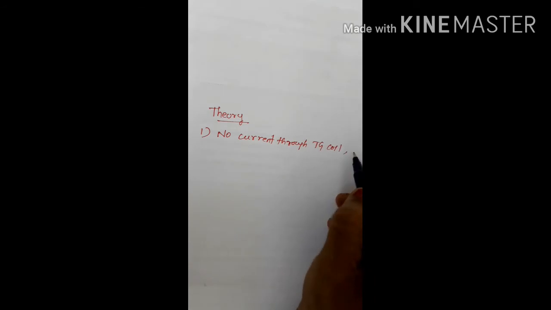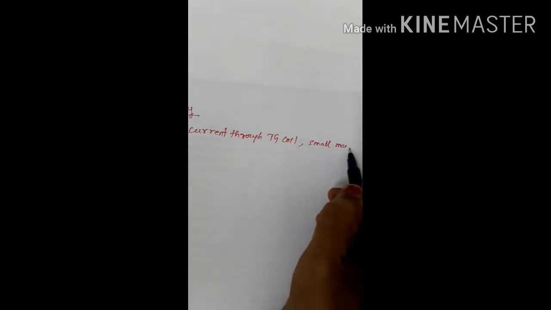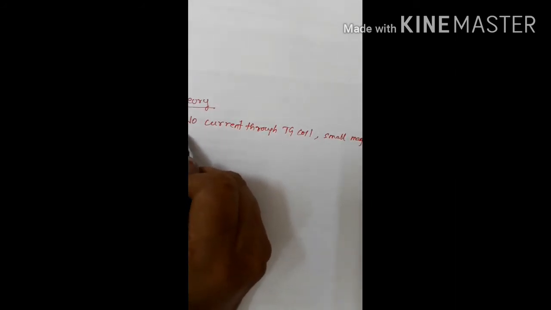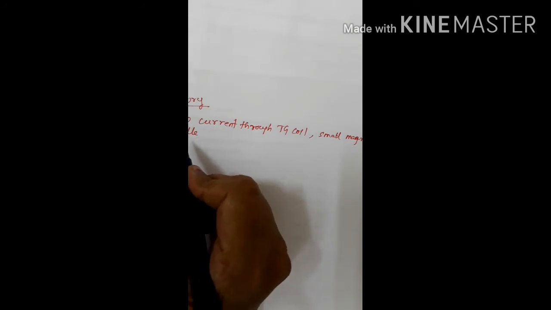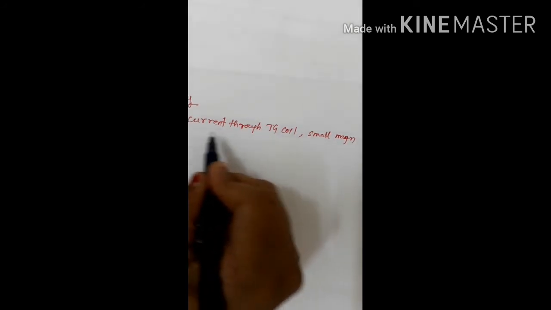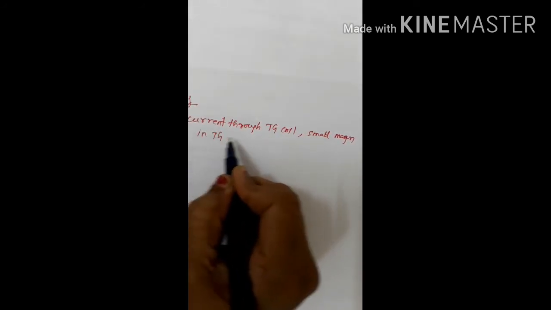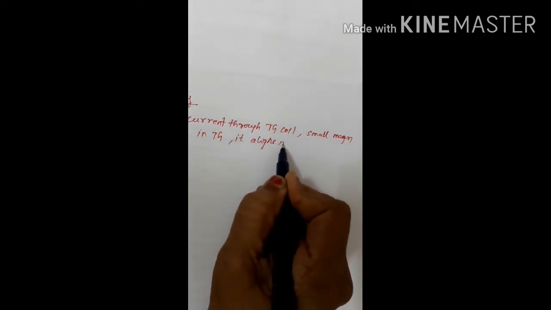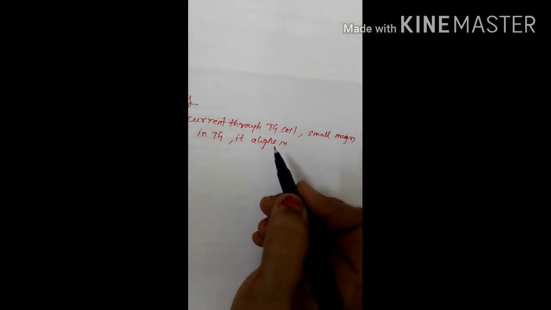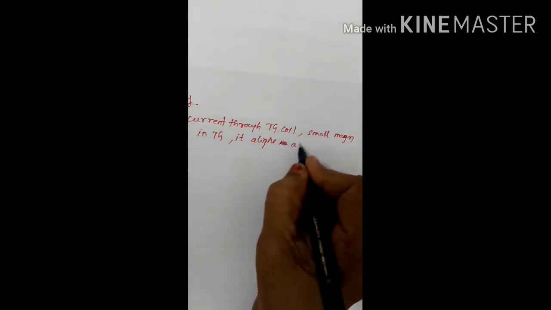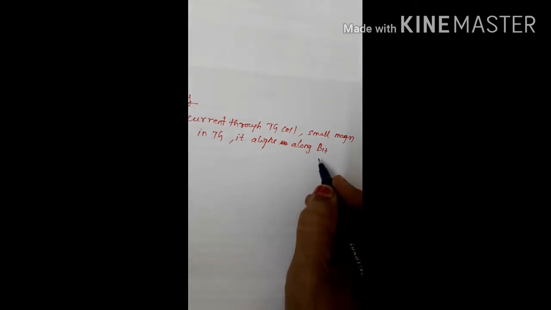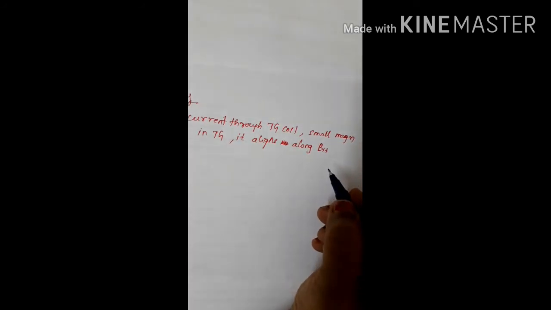The small magnetic needle in the TG coil aligns along BH, that is, it aligns along the horizontal component of Earth's magnetic field.